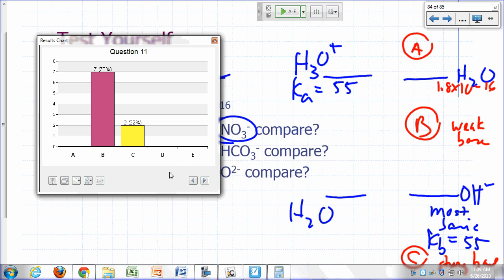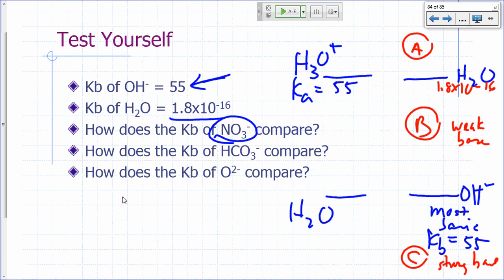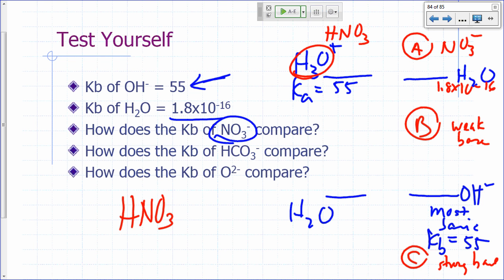Do you remember nitrate? It's a conjugate of what? HNO3. What do you know about HNO3? One of the strong acids. So where would HNO3 be on this scale? More acidic than H3O plus, right? HNO3 right here would be more acidic than hydronium. So where would nitrate be? Nitrate is not even going to be a base in water.